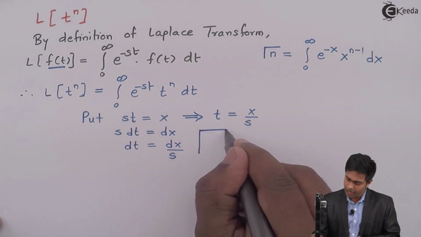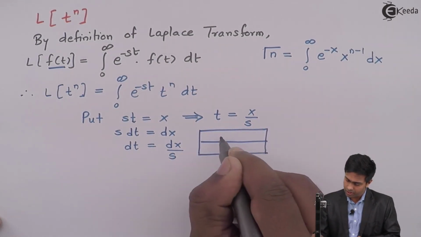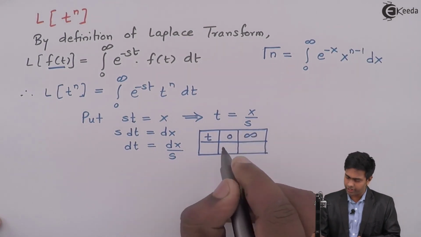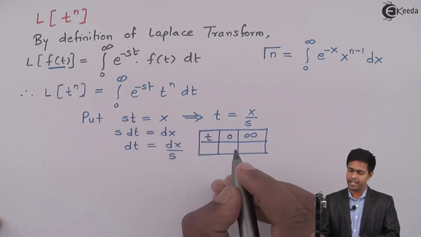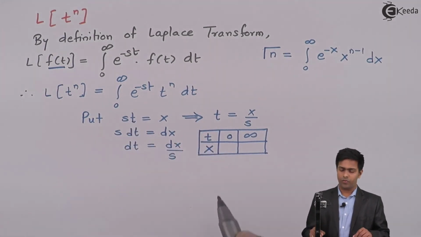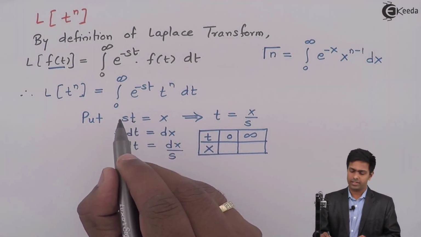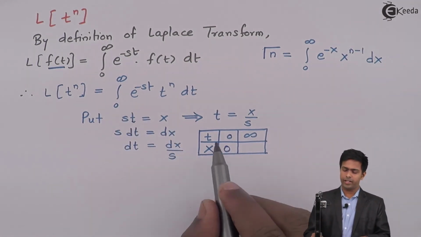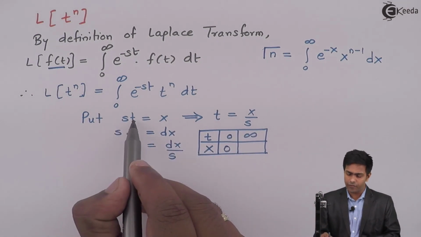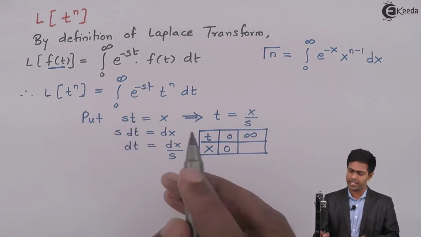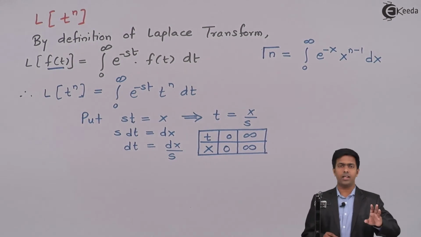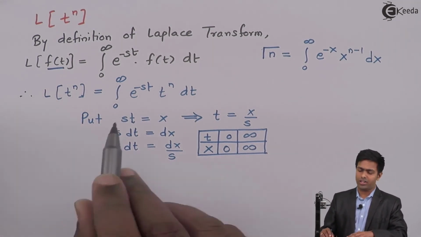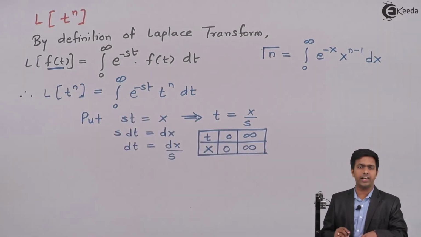We have limits for t from 0 to infinity, and we are substituting this as x, that is a function of x. When t is equal to 0, s into 0 is 0, that means x will be 0. And when t is infinity, we'll get infinity into s, that is infinity, that means x is also infinity. Limits remain unchanged.